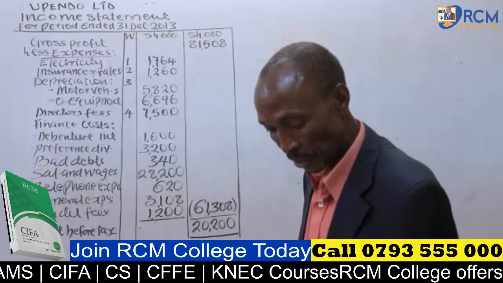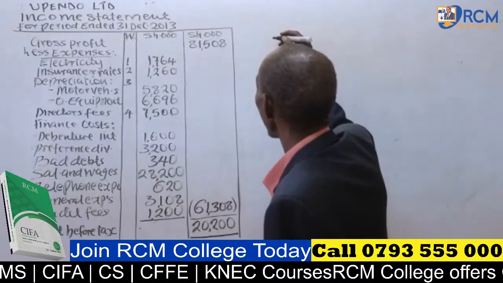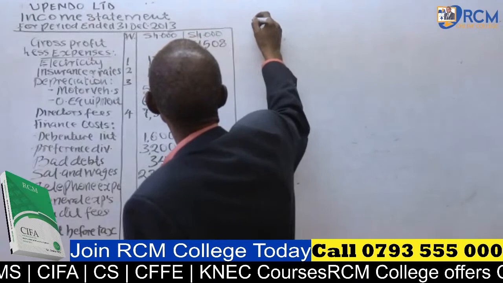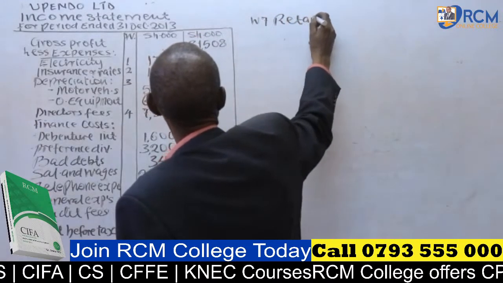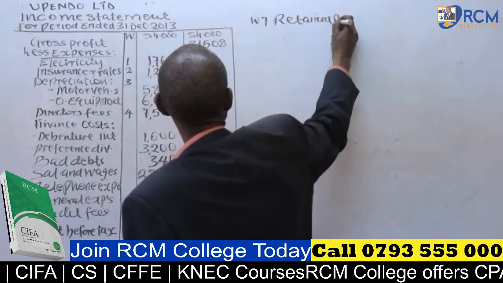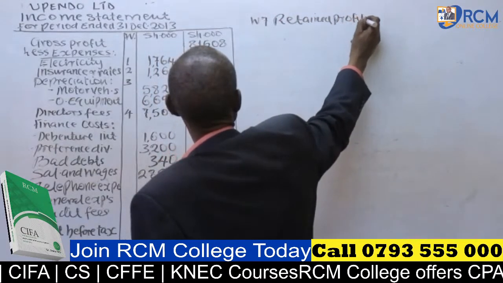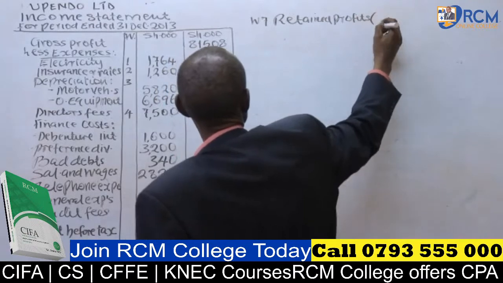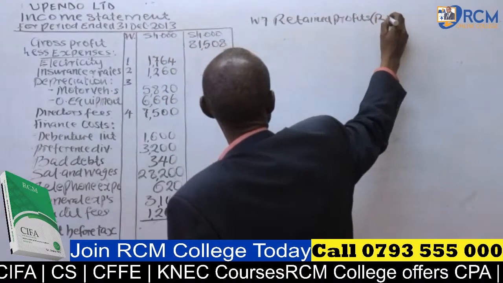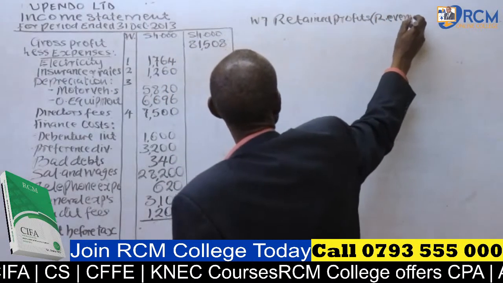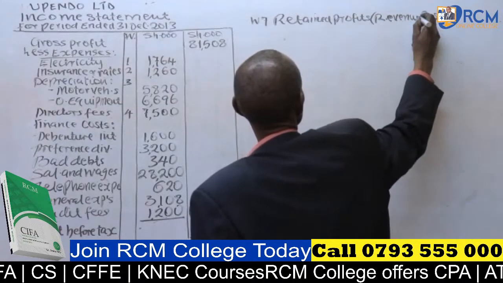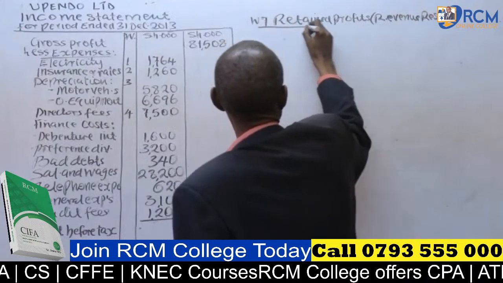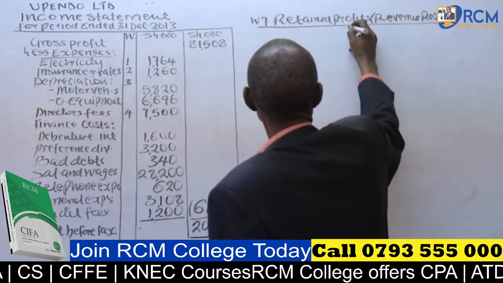It could be working number 7. Retained earnings or retained profit. Retained profit is the same thing as revenue reserves.